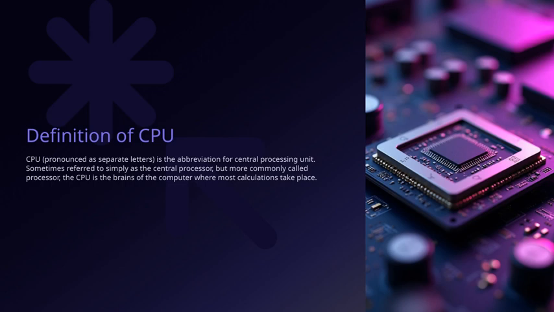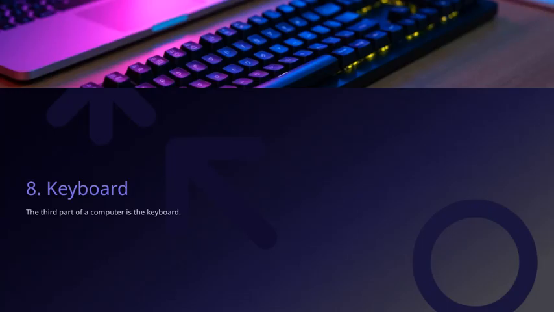It's responsible for executing instructions, managing data, and coordinating all the other components. Understanding the CPU is key because it directly impacts the overall performance and speed of a computer system. So, whenever we talk about how powerful or efficient a computer is, we're really talking about the capabilities of its CPU.